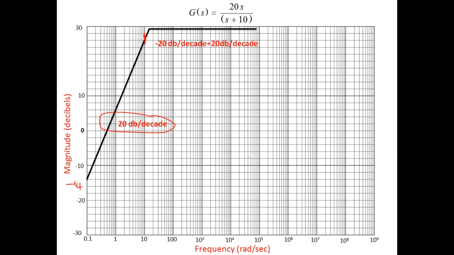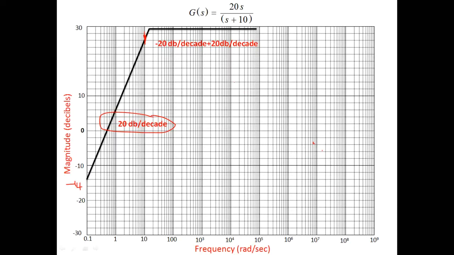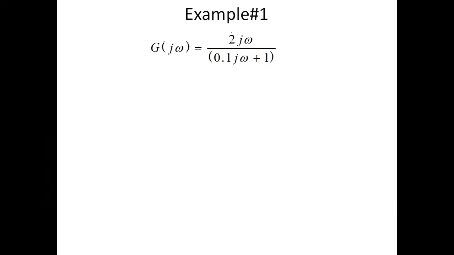So this point should be at 10, not after 10. So at 10 radian per second, W equals 10, the magnitude becomes constant.